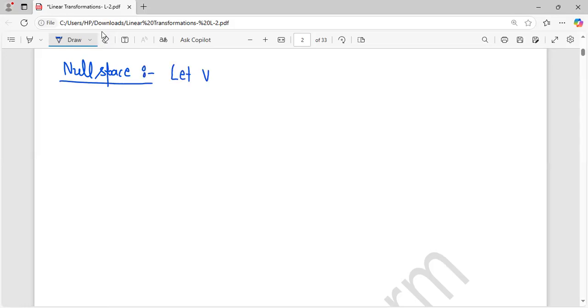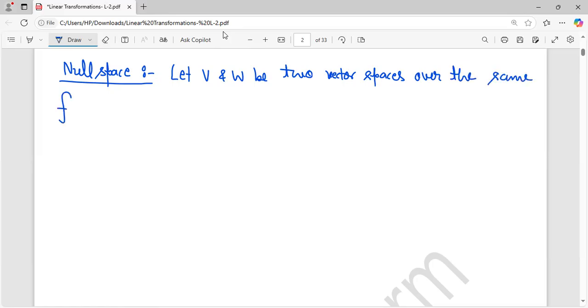Let V and W be two vector spaces over the same field F, and let T: V to W be a linear transformation.